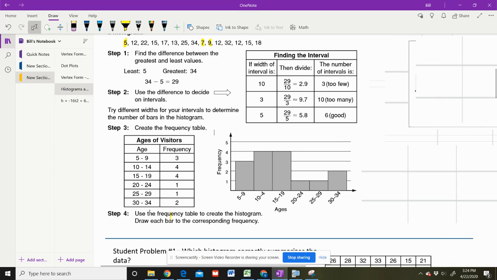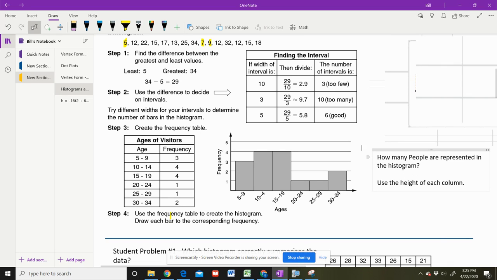So we can set up our histogram based off of our frequency table, right? This bar has a height of 3. This one has a height of 4. This bar has a height of 4. 20 to 24 has a height of 1, right? 25 to 29 has a height of 1. And then 30 to 34 has a height of 2. Okay.